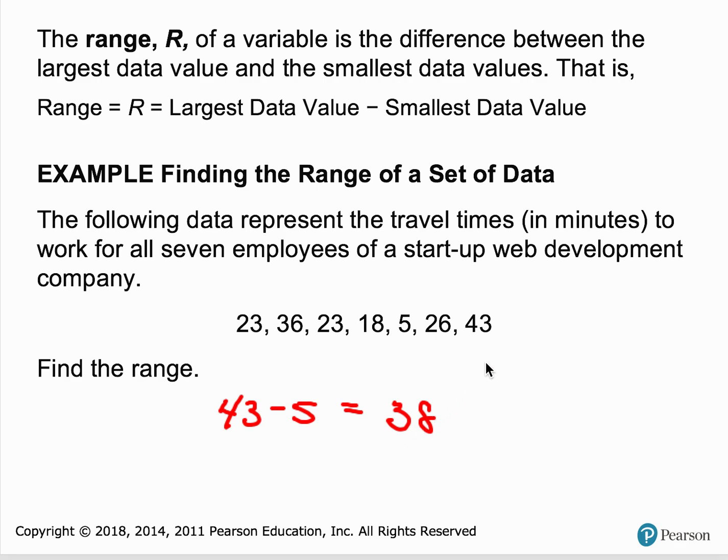For example, if this had been 83, the range is dramatically affected. It would change to 78 just from changing one value. So it's not resistant. Remember, we talked about being resistant last time. Also, the range is computed using only 2 values in a data set, and the next one, the standard deviation, uses all the values in a data set.